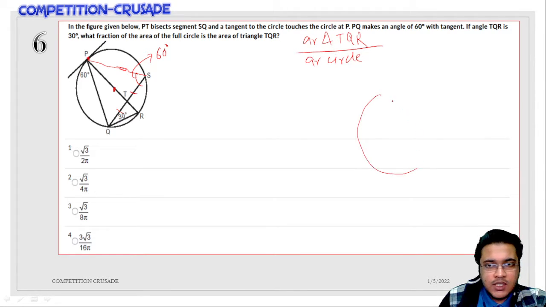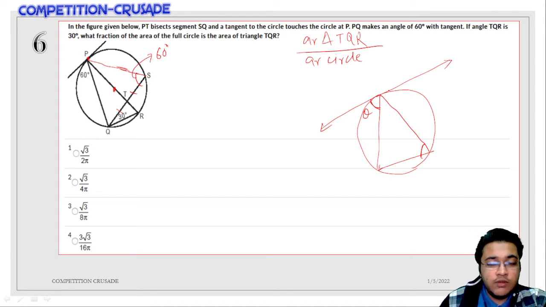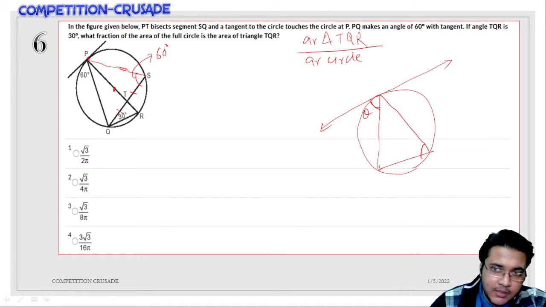Alternate segment theorem says that if there is a circle and the circle has a tangent and a chord, or a secant, making an angle theta, then the chord makes an angle in the alternate segment.